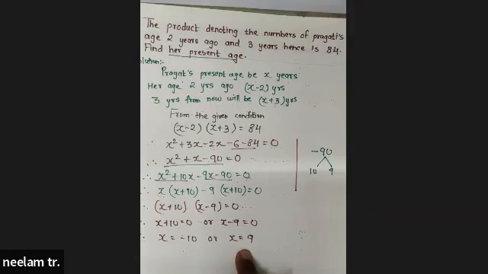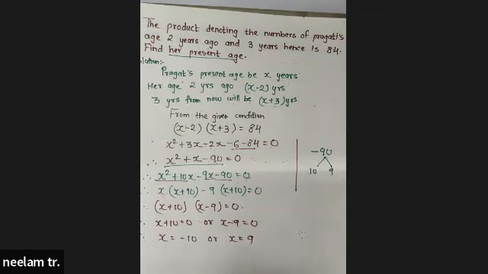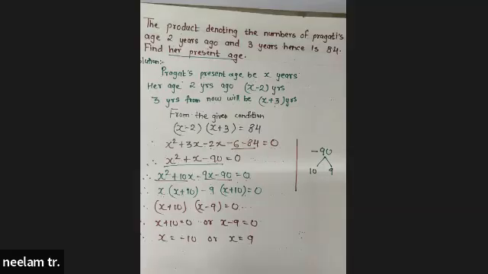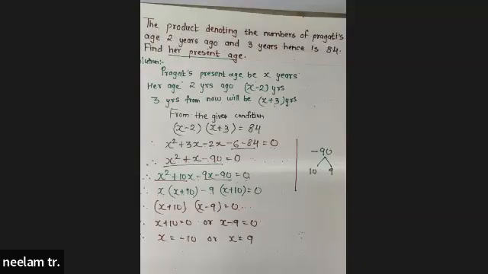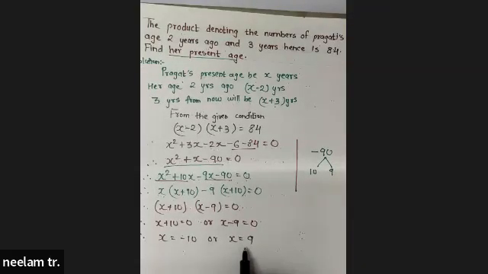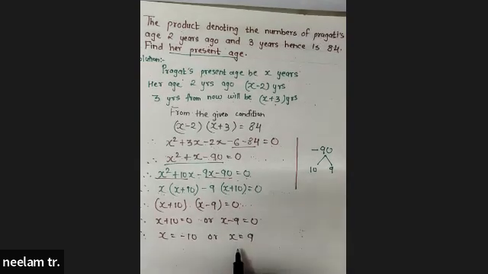Vaidehi, tell me what value I will take, minus 10 or 9? Speak louder, beta, I can't hear you. 9.